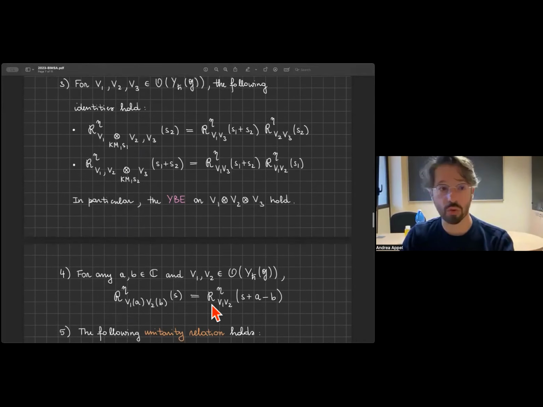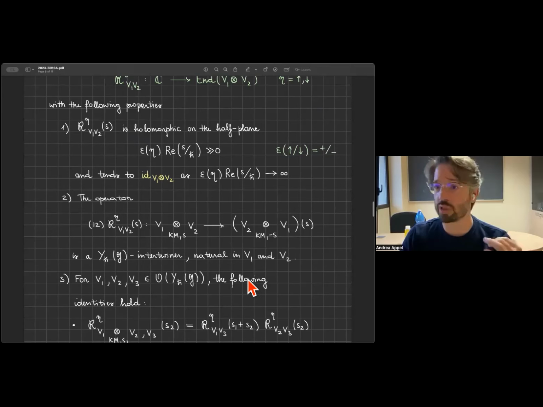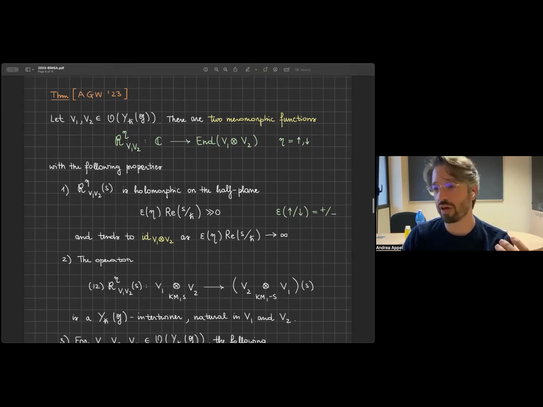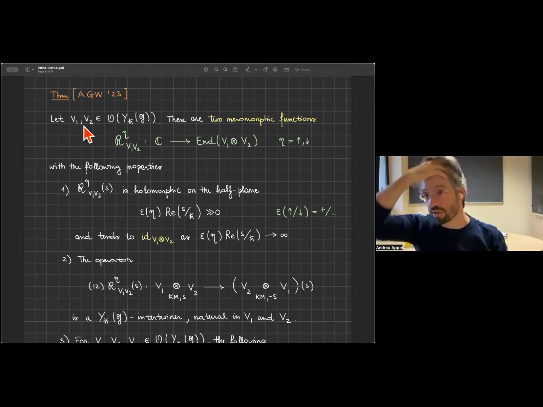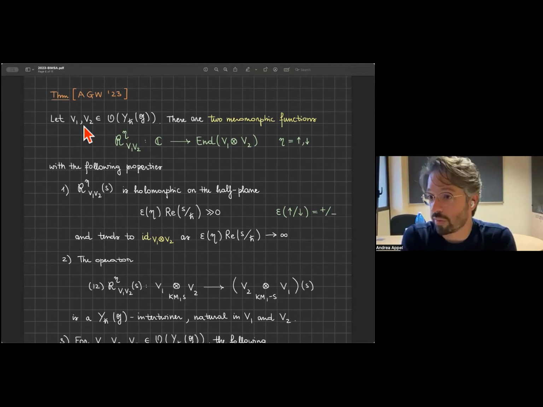So here, if you see the statement of the theorem, at the moment we have two meromorphic R-matrices related to each other, and the two meromorphic R-matrices are well defined on any representation in category O. So I have no restriction. Of course, there is no finite dimensionality. Remember that in general these would be pretty big infinite dimensional modules.